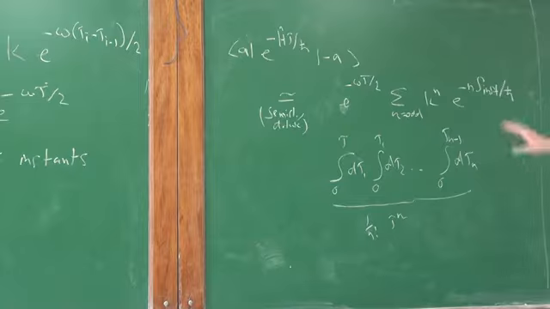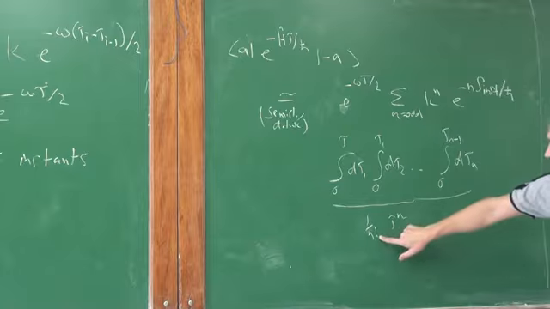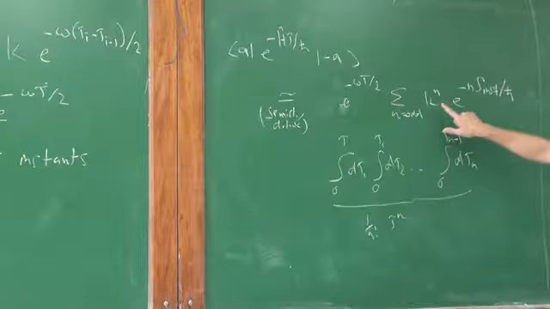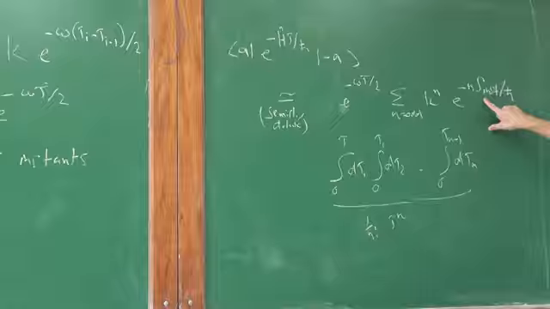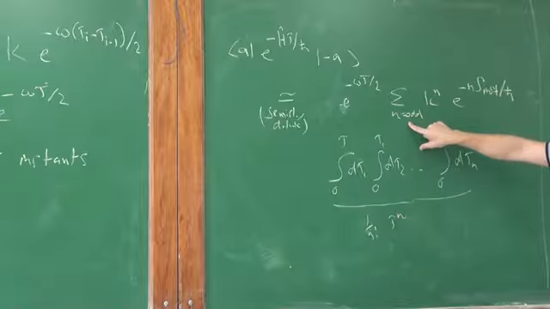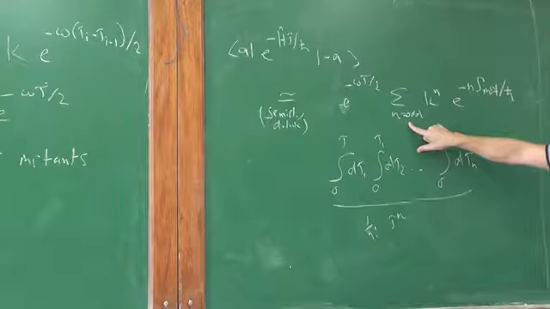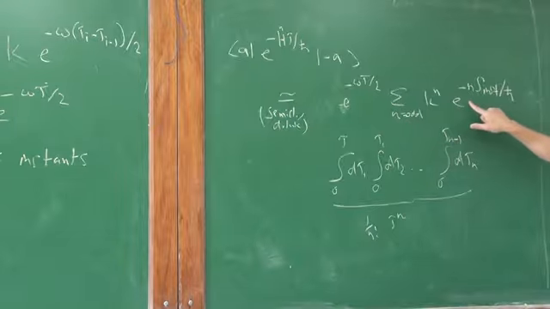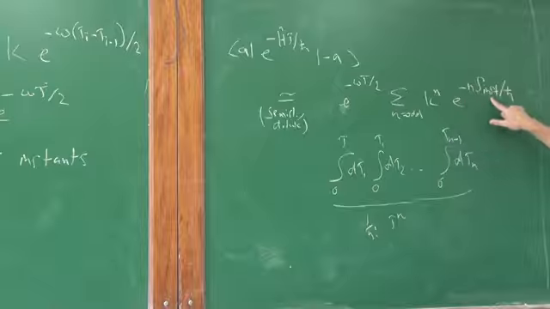But technically, this is nice because we have 1 over n factorial, and we have a number which is tau times k times e to the minus S instanton to the power of n. So we have a power series of all odd numbers, which is just the sinh of k tau e to the minus S instanton over h bar.